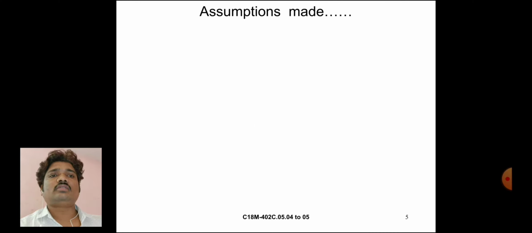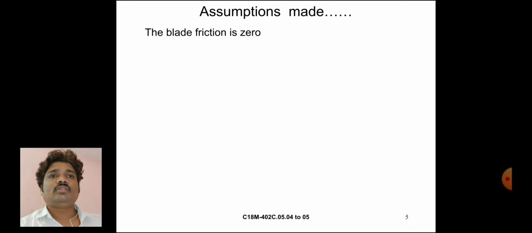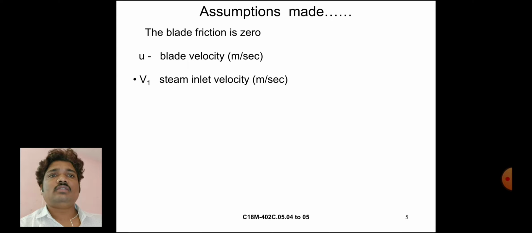Velocity triangles. Assumption made: the blade friction is 0. Small u is the blade velocity, in meters per second.